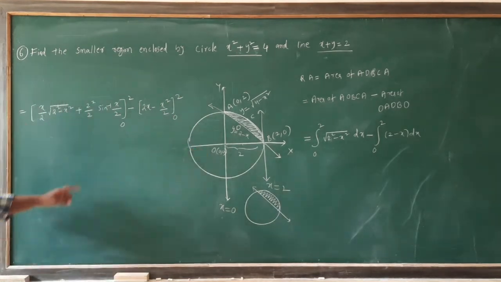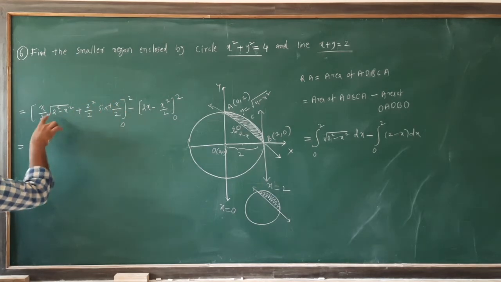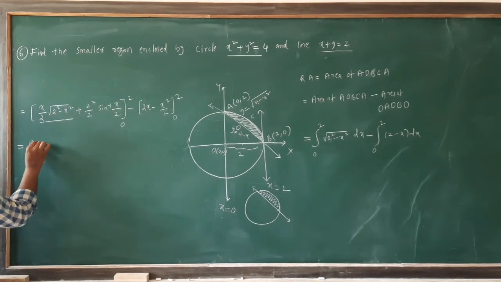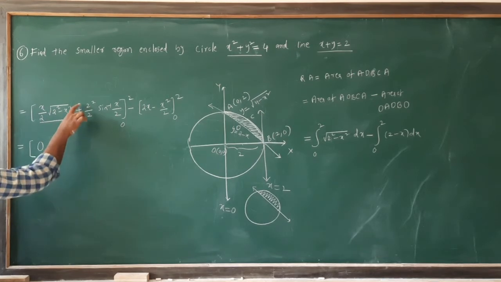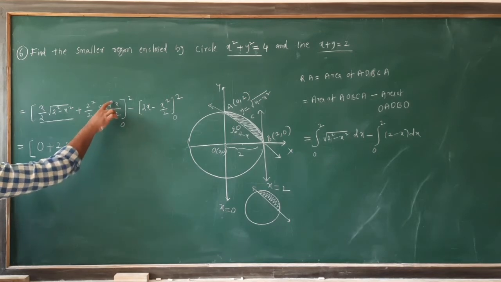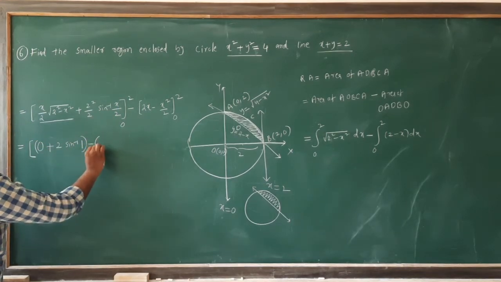Okay. Now, first substitute the upper limit, next the lower limit. I am writing directly. Okay. Substitute 2, it becomes 0 first. Why? Because 2 square minus 2 square is 0, plus 2 square by 2 sin inverse 2 by 2, which is 1. Okay, it is upper limit minus lower limit.